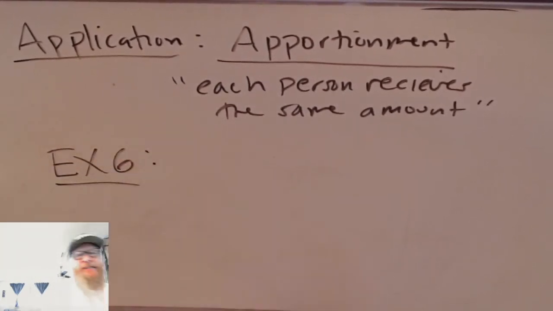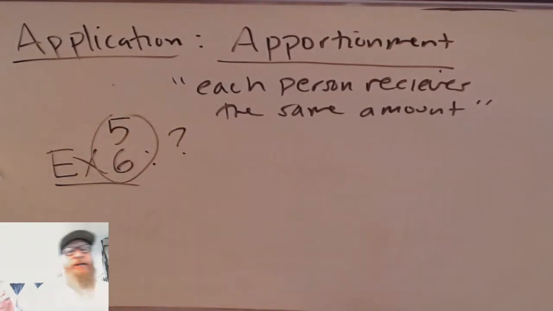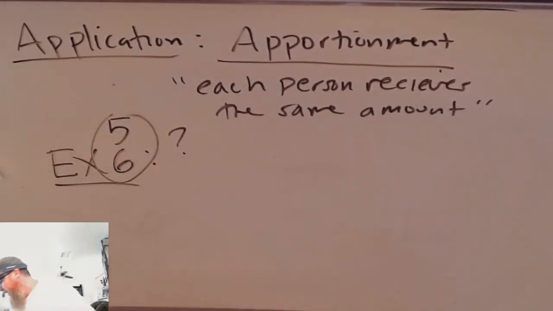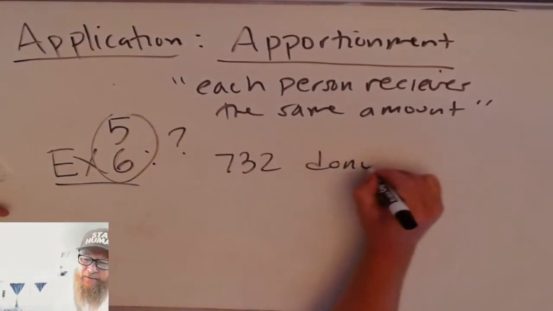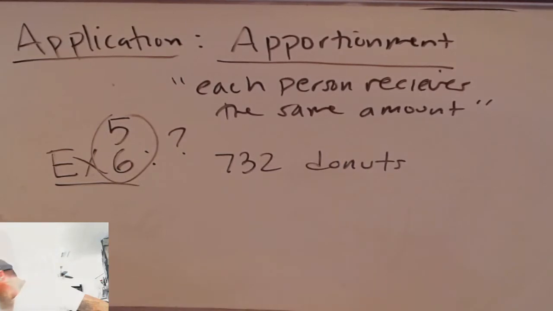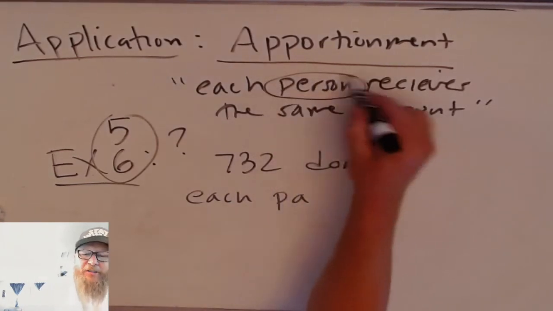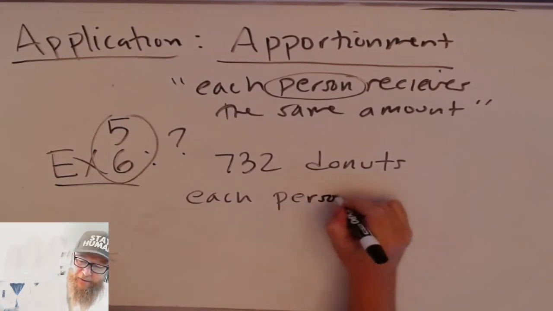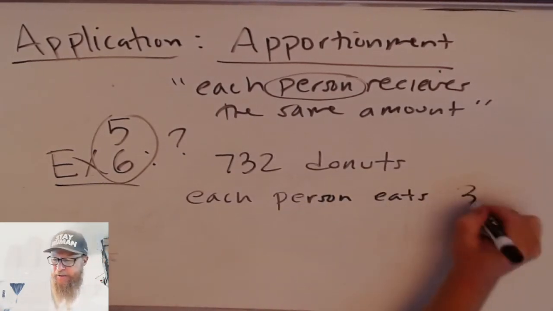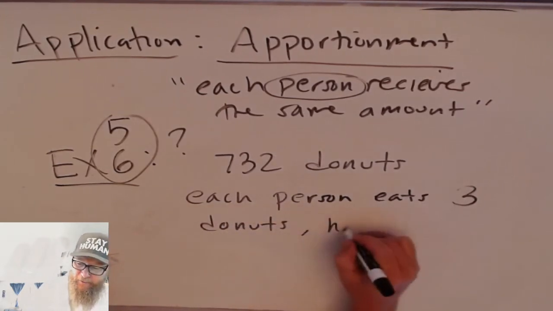What am I up to? 6? 5? I'm not sure. It doesn't really matter. We're almost done anyway. If you got 732 donuts, and by the way, person is an ambiguous term, so if each person eats 3 donuts, how many are left over?